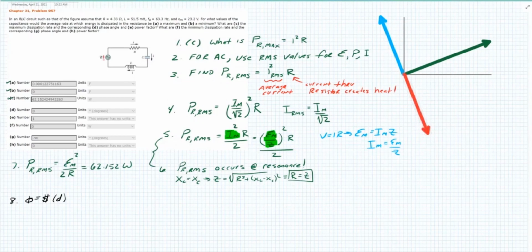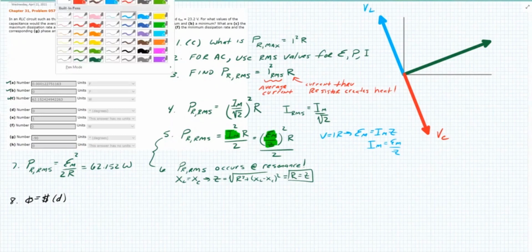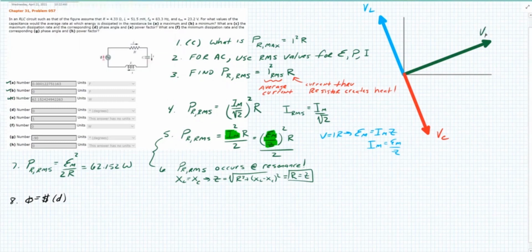This is the voltage drop across the capacitor, V subscript C. This is the voltage drop across the inductor, VL. This is the voltage drop across the resistor, VR. And once again, I'm just going to write down the world's most famous mnemonic, Eli the Iceman.